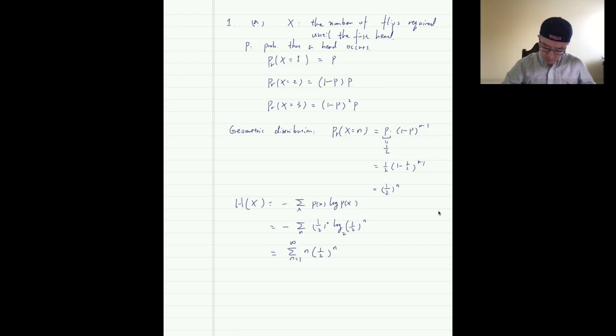Here r is half, and 1 minus r squared is 1 over 4. Then 1 over 2 divided by 1 over 4 is basically 2 bits. That's the entropy.